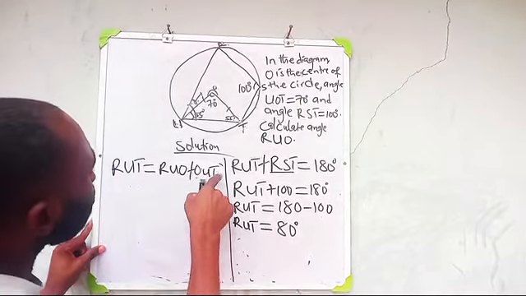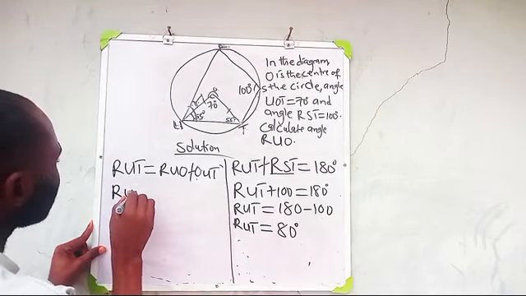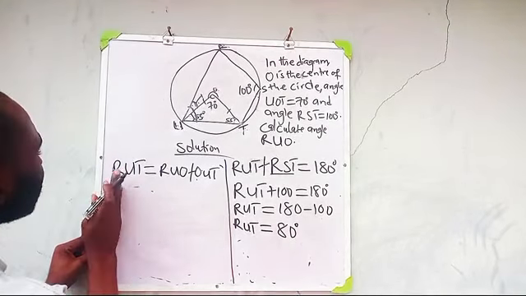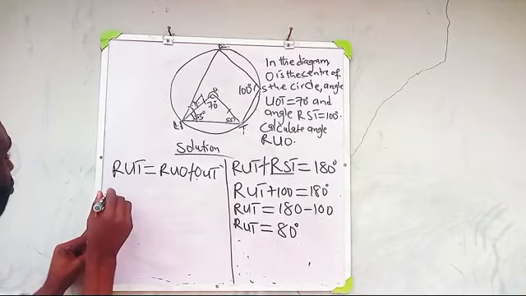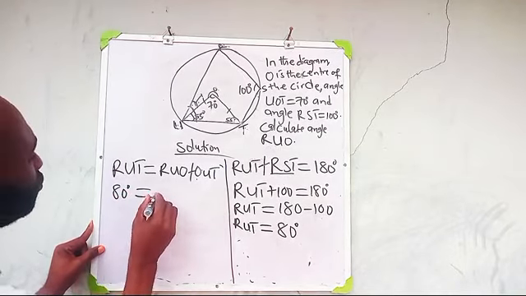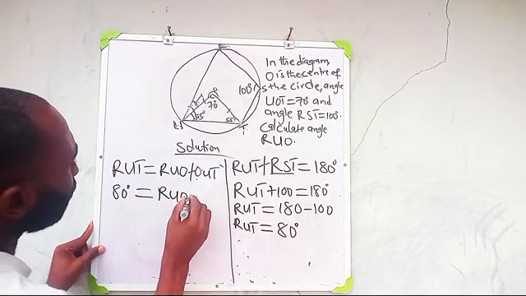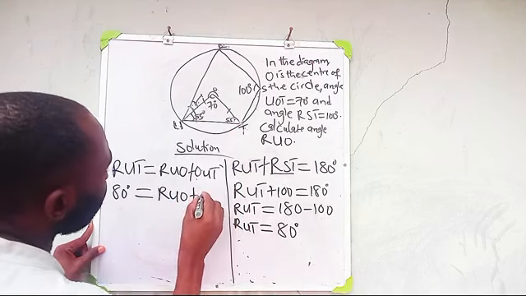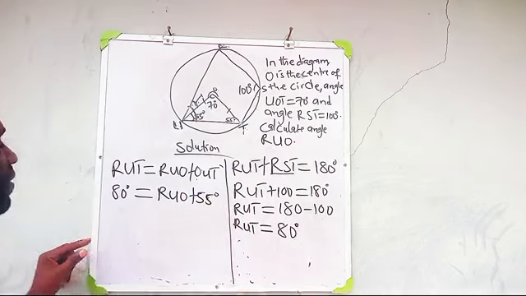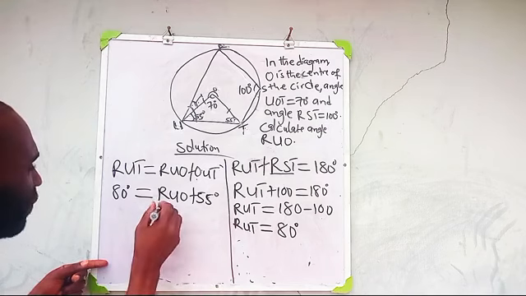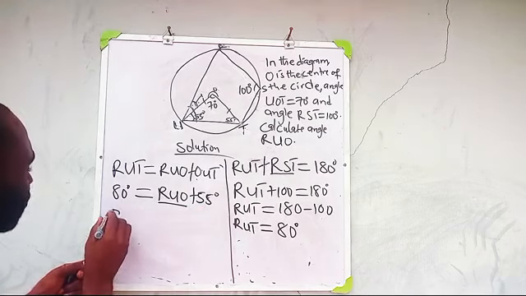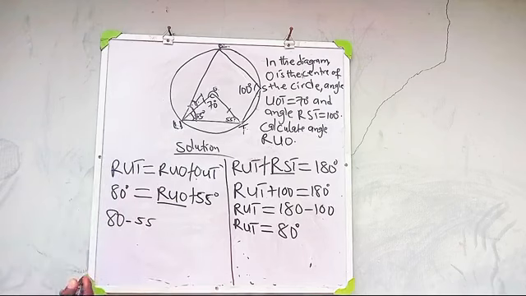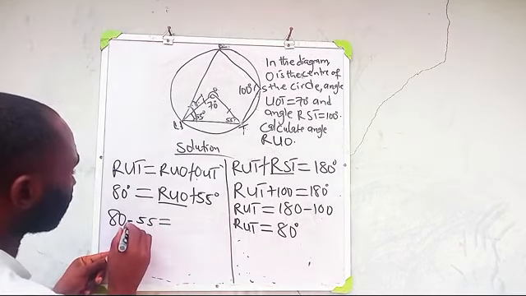We know RUT to be 80. So where we see RUT, we put 80 degrees, which is equal to RUO plus OUT. OUT is 55 degrees. So for us to find this, we are going to collect the like terms. 80 minus 55, you know why it is minus? Because it's coming back to the left hand side, so that sign changes to minus.